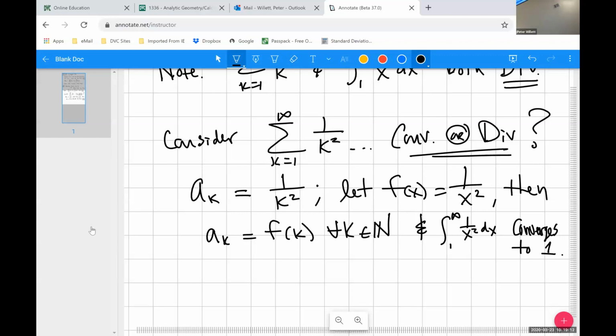So since the improper integral of the function that expresses what the terms of the series are is an improper integral that we can evaluate, and we know that it converges, in this case to 1, therefore, by this theorem, the integral test, the series of the a sub k converges as well.